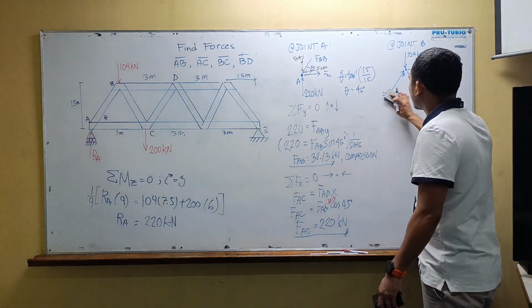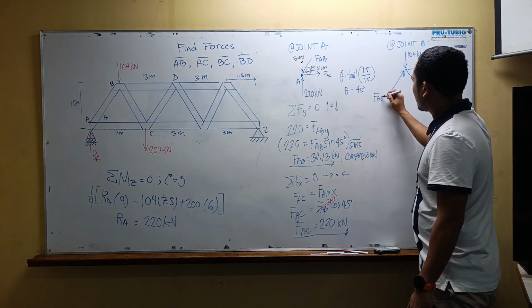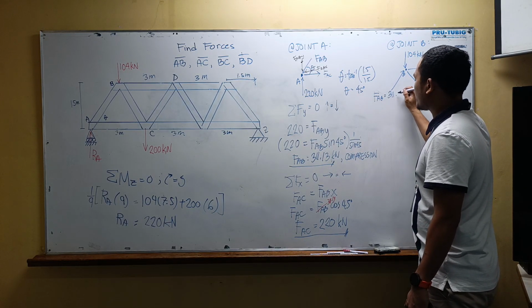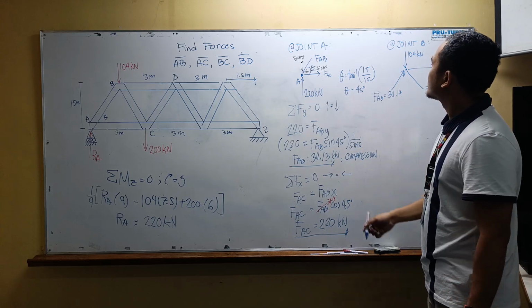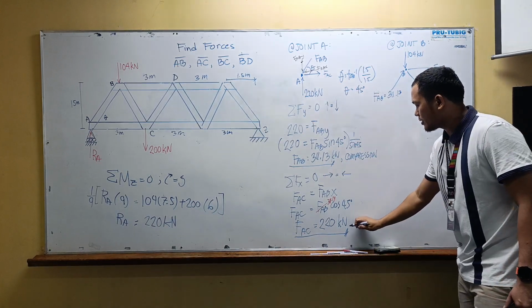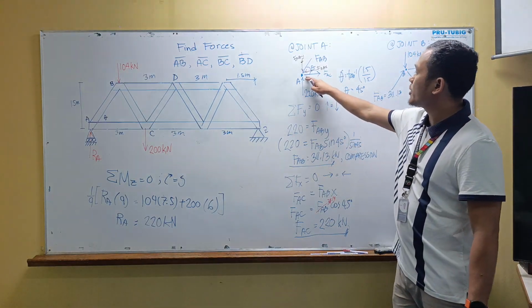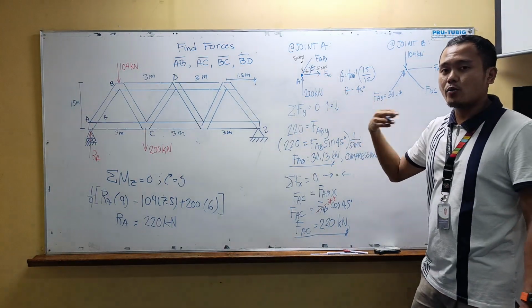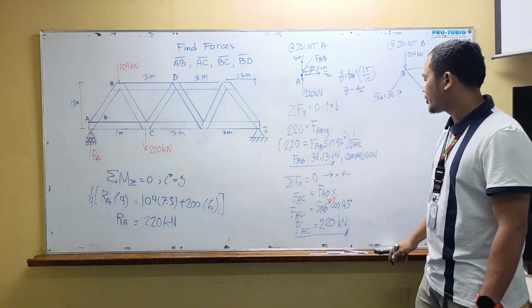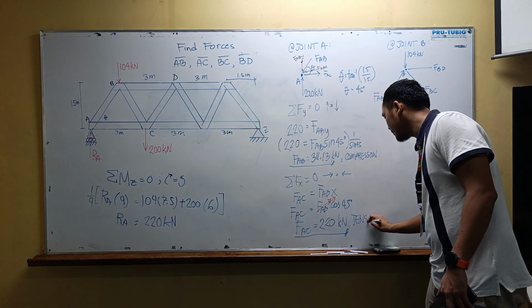So FAB is equal to 311.30. Okay, so that's one. Now, this one, how about this? The arrow is going away from the joint A, so meaning this is tension.